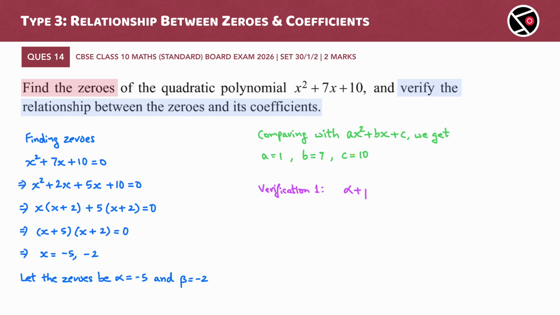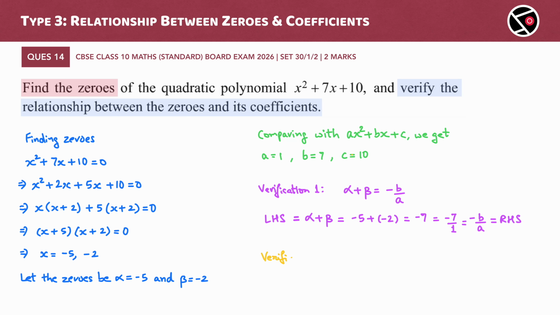Alpha plus beta equals minus b over a. The left hand side is alpha plus beta. Alpha is minus 5. Beta is minus 2. Minus 5 plus minus 2 is minus 7, or minus 7 over 1, which is minus b over a. Left hand side equals the right hand side.